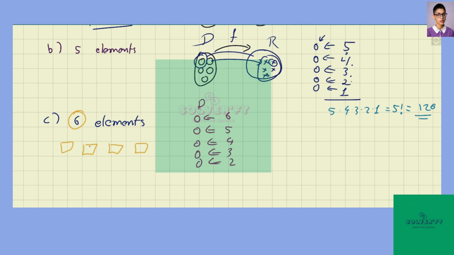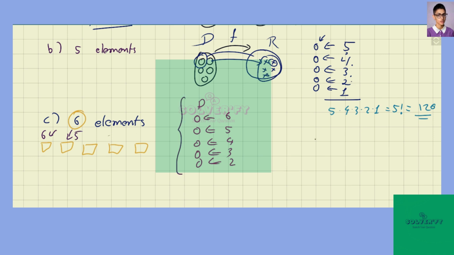The holes are going to be the elements in the domain. So in this case, we have 5 boxes where we're going to locate these 6 elements, and these elements are not going to repeat, so repetition is not allowed. In the first box you can put 6 of these elements, in the second you have 5, and so on. That is the same as what I'm doing here.